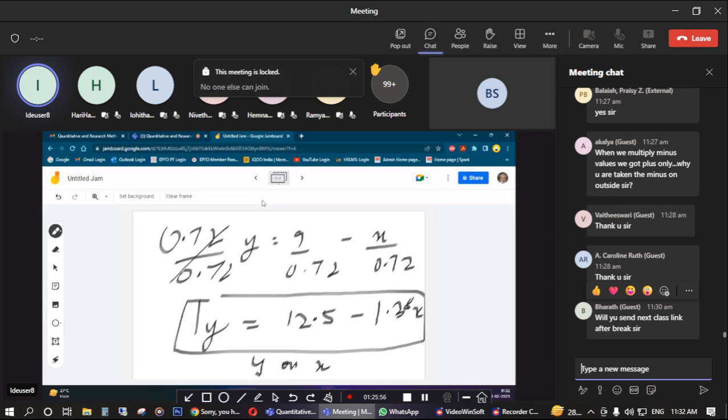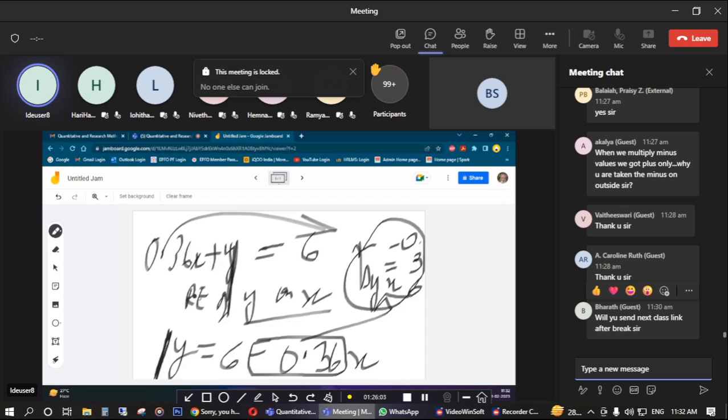Next I am going to do this one. Which one? Second equation. This one. 0.36X plus Y is equal to 6.